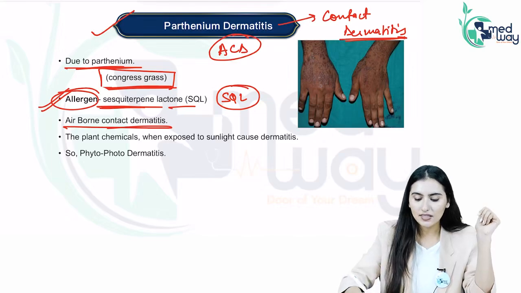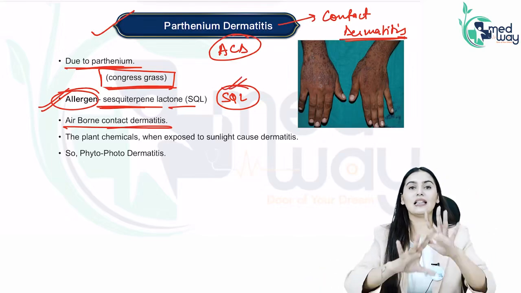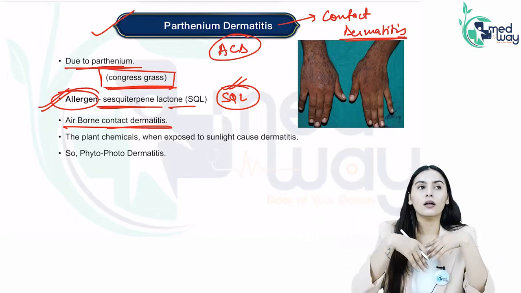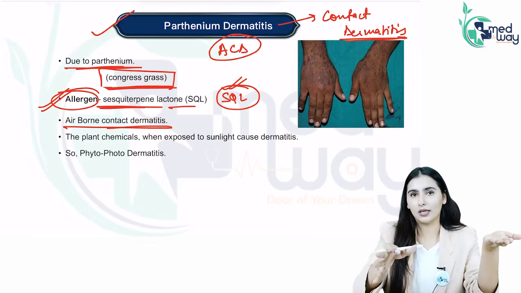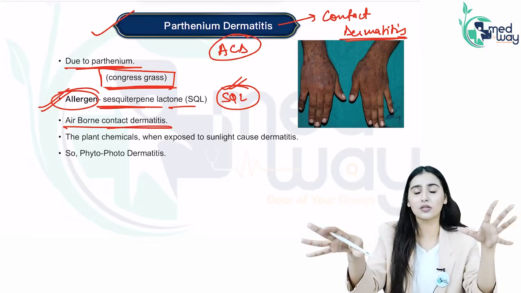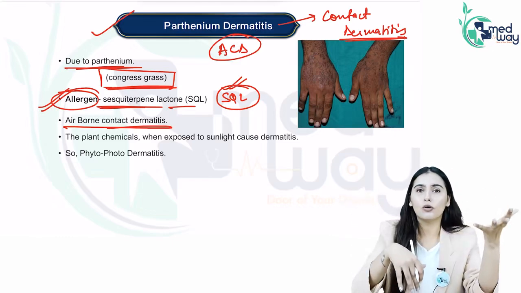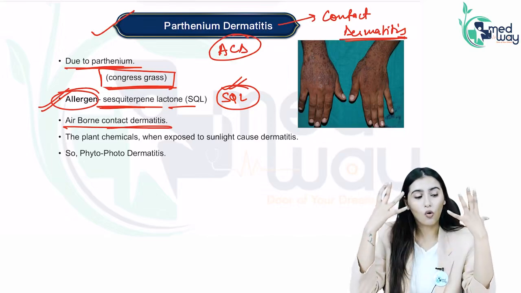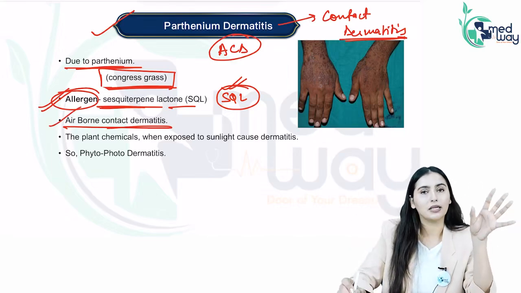And they carry this allergen. The SQL allergen is present. Now this SQL allergen is in the air. The entire family will not get the problem. Why? Because this is not an irritant contact dermatitis. It is an allergic contact dermatitis. Some old Babaji in that house will be allergic to this SQL. And that poor man will develop contact dermatitis all throughout the body. So that is why it is an airborne contact dermatitis.